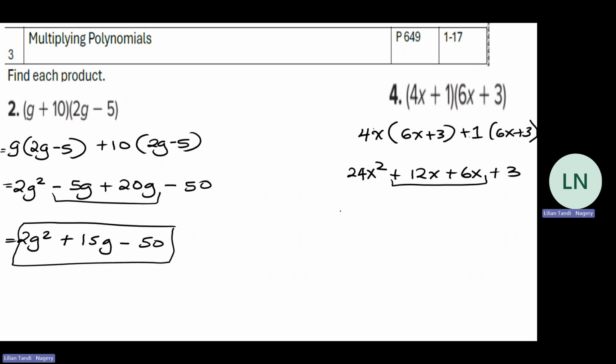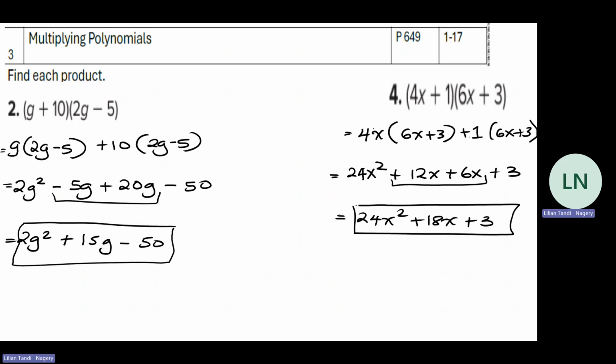These are like terms. Our answer will be 24x squared plus 18x plus 3. You box your answer.